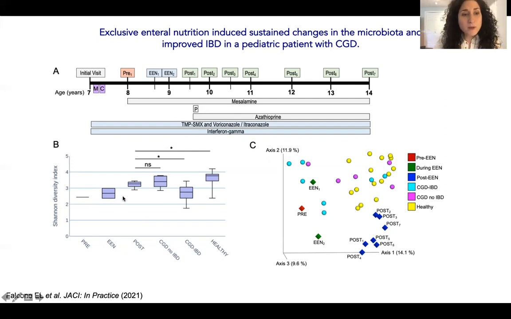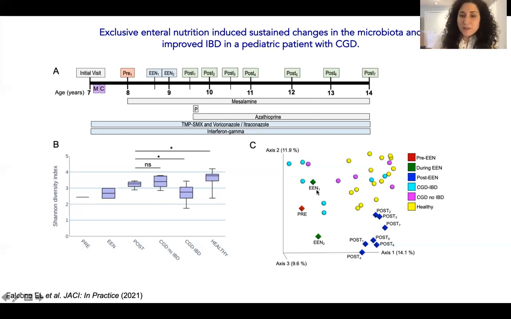However, the microbial richness and diversity increases after the elemental diet, rendering it comparable, in fact, to the richness of patients with CGD who have never had IBD. Of course, it's still not quite as rich as that of healthy individuals, but nevertheless, it has improved.